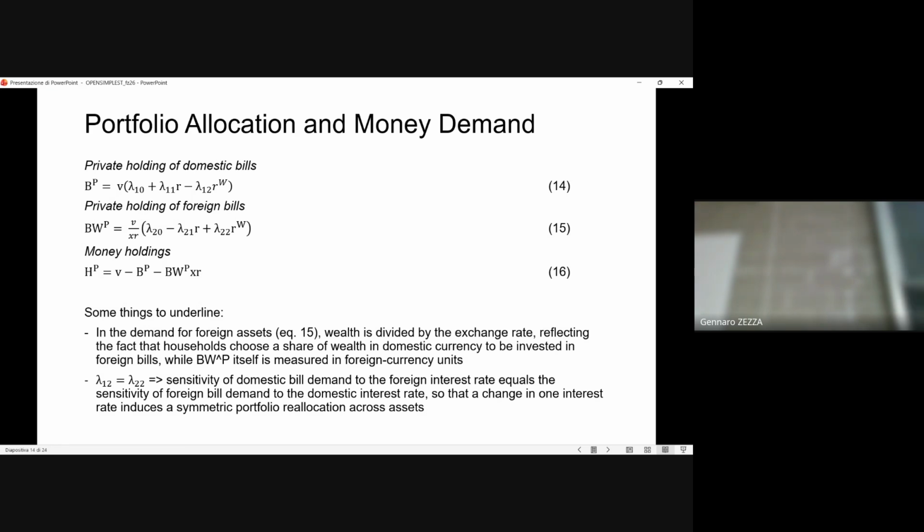Finally, it's also standard that the lambdas related to the bills imply that a change in the interest rate will determine a specular shift in the portfolio holdings between the two types of bonds, domestic and foreign.